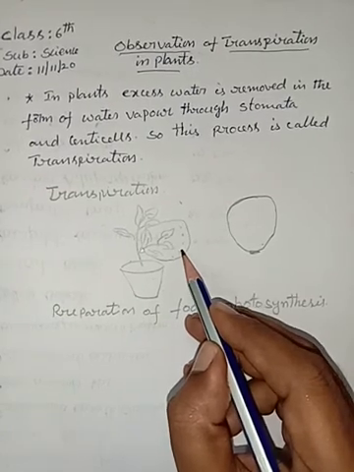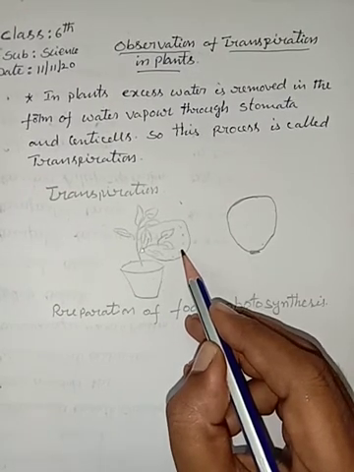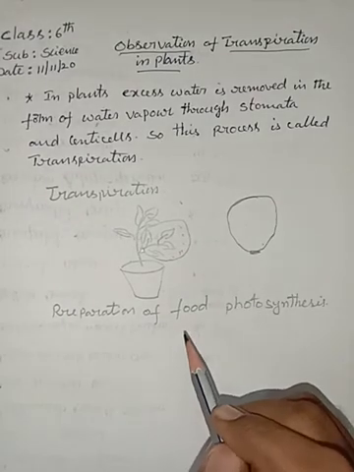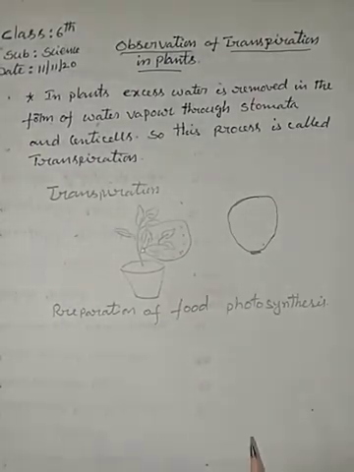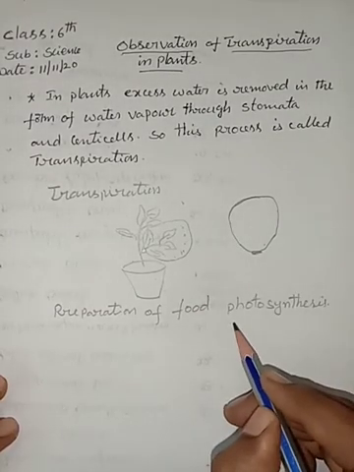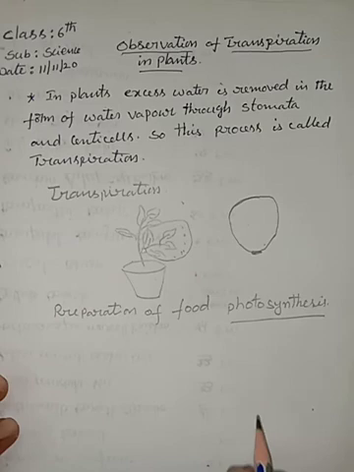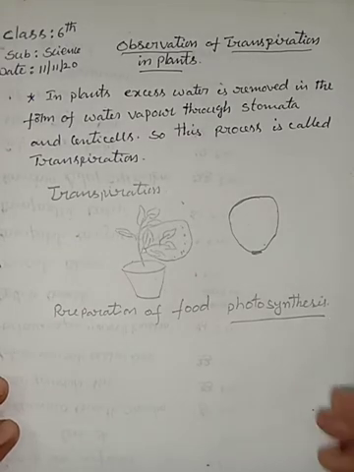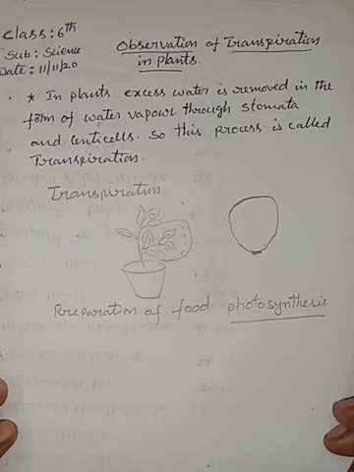This is one of the functions of leaves. Another function of the leaf is preparation of food in the plants. This process is known as photosynthesis. Photosynthesis is the second function of the leaf.